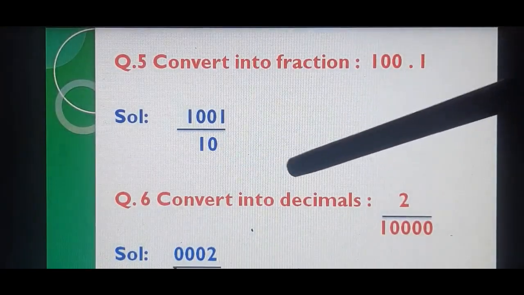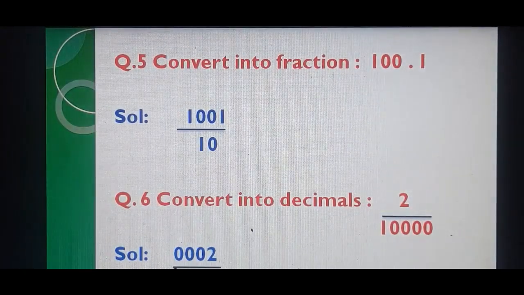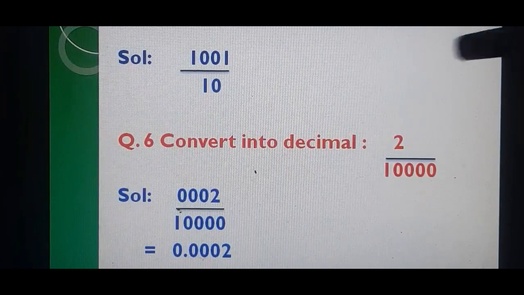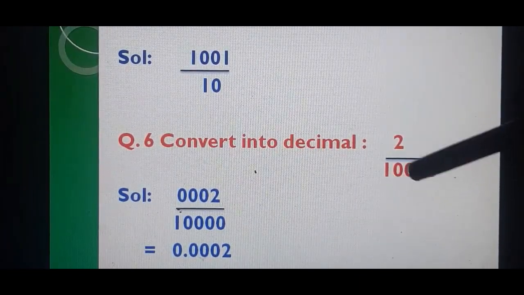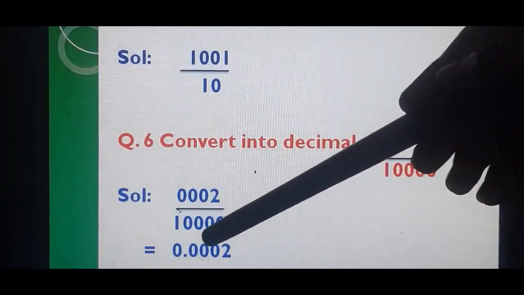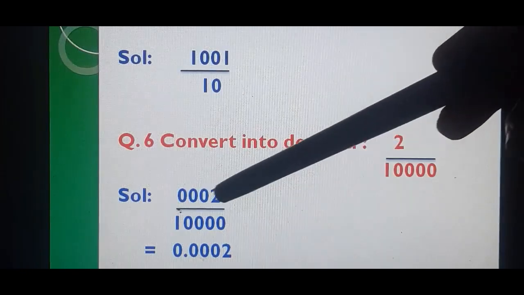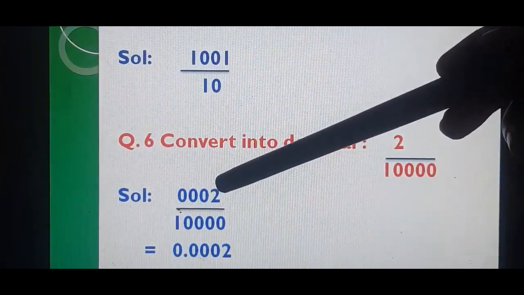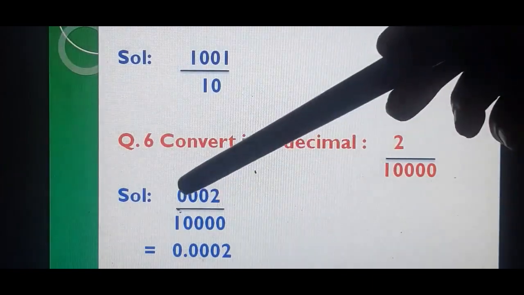Question number 6. Convert into decimal. 2 upon 10,000. 1, 2, 3, 4, 4 zeros are in the denominator. To put the decimal, we want 4 digits in the numerator. We have only 1. So we will put 3 zeros before 2, not after 2.